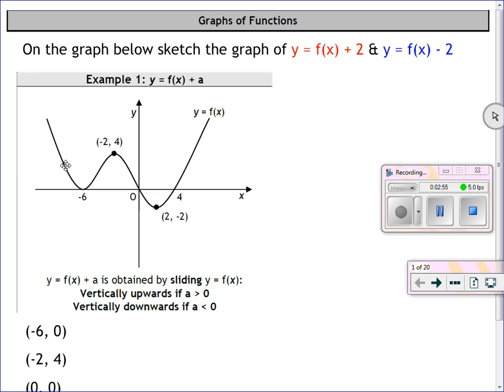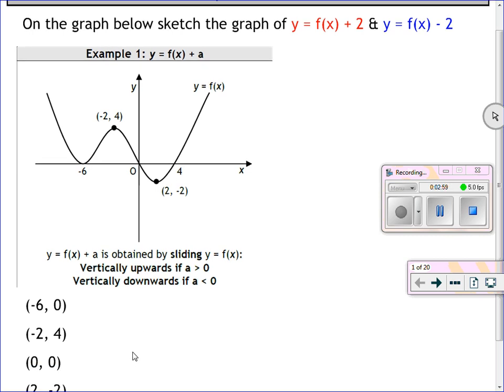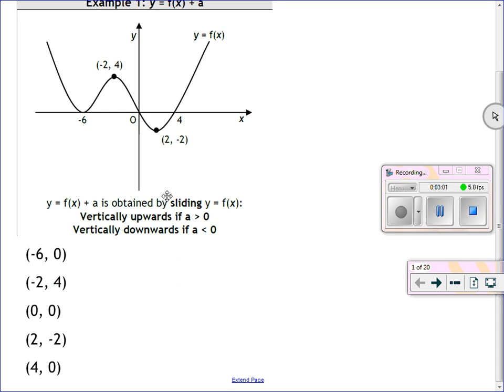Before we even start to think about what this looks like, let's look at the coordinates. In red, I'm going to identify the coordinates for f of x plus 2. When you move coordinates up, it's going to affect the y values. So minus 6, 0 is going to move up 2 places and become minus 6, 2.